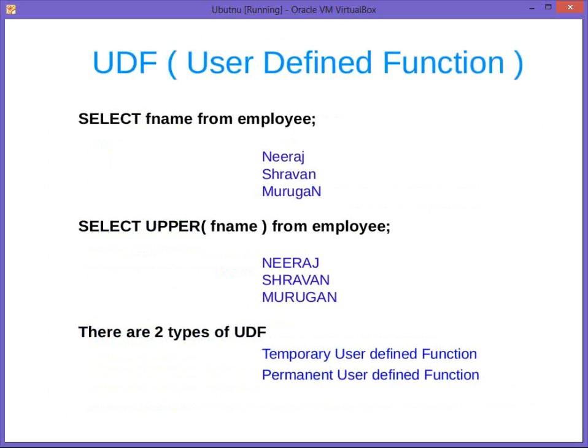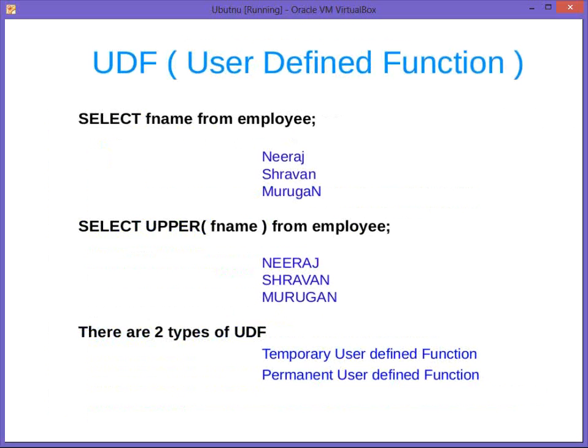It will not change anything in your table, but while displaying it will convert these names into uppercase. You can see now Neeraj, Shravan and Murugan, all these three names are displayed in uppercase. So this has been possible because of the upper function.